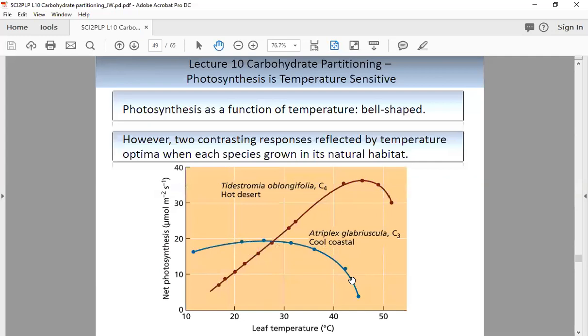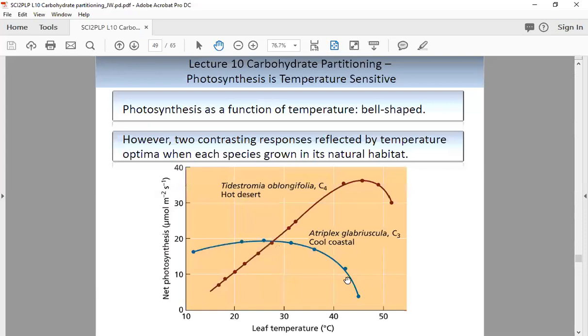The descending part of the curve is associated with temperature sensitive negative effects, some of which are reversible and others are not reversible. These high temperatures affect all biochemical reactions of photosynthesis, as well as the integrity of the membranes in chloroplasts, which is obviously a problem as well.